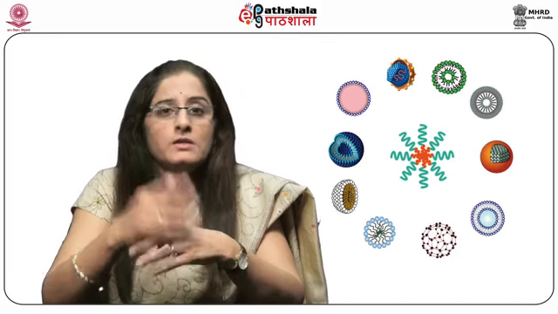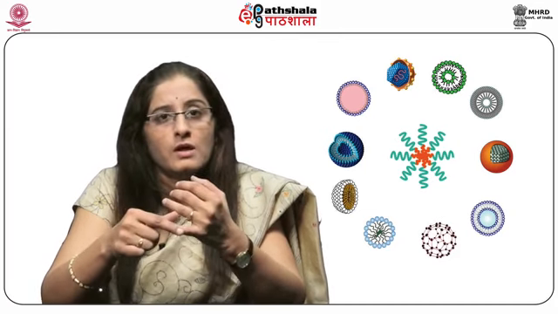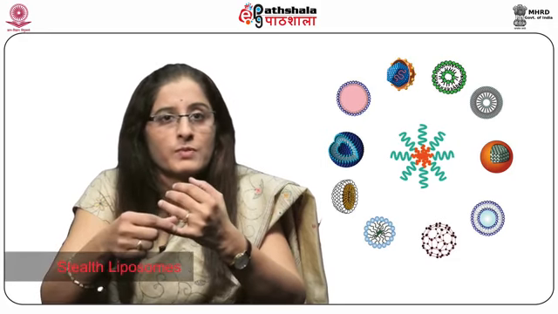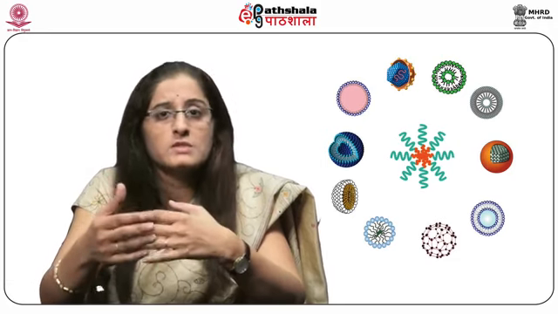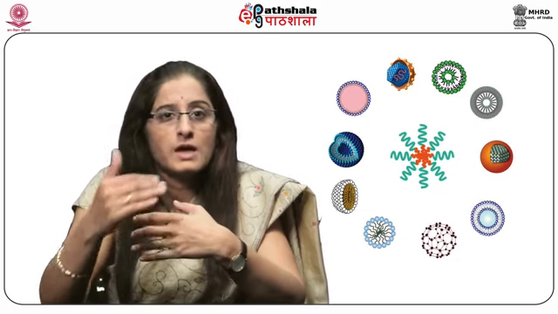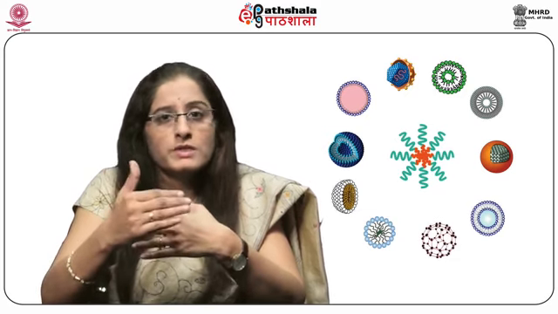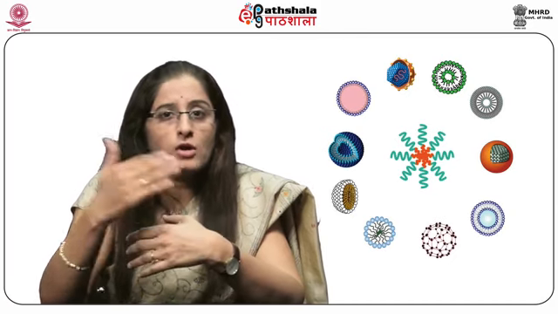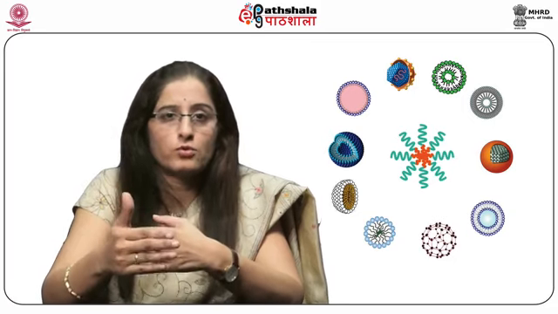Under this heading, the first modification in the liposome is stealth liposomes. The term stealth means cautious and surreptitious action or movement with a purpose to accomplish something which cannot be accomplished through the usual route.